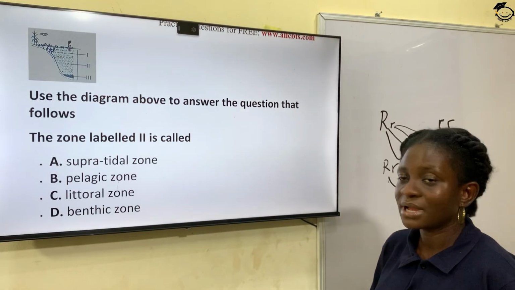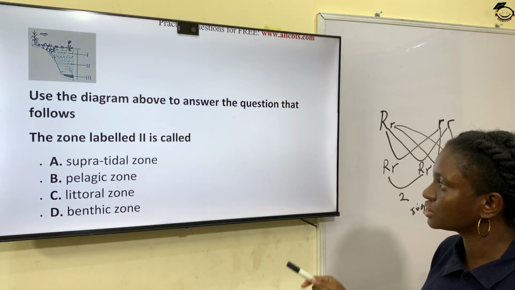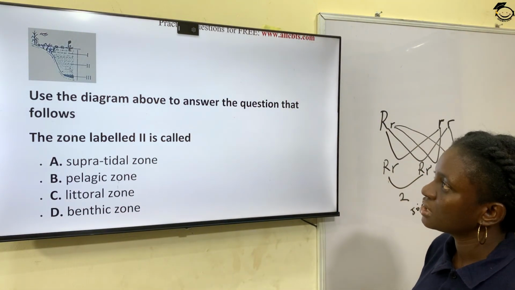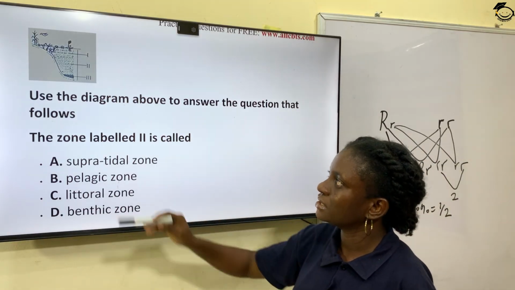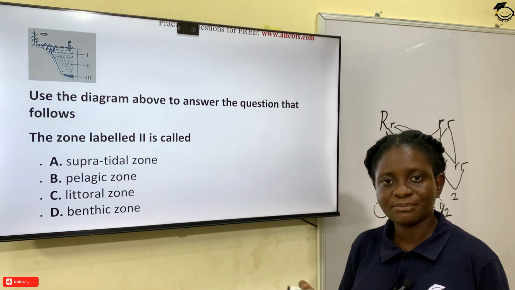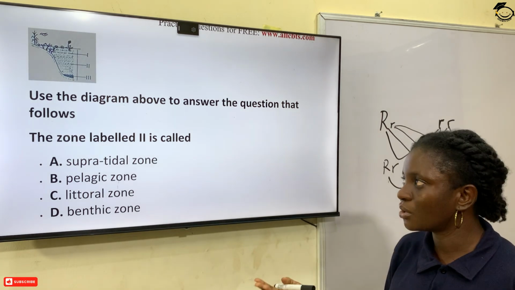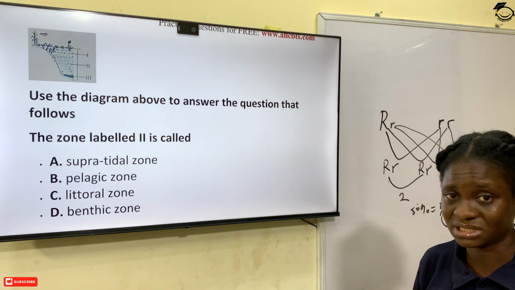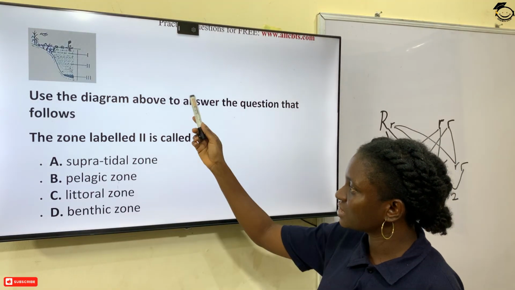Use the diagram above to answer the question that follows. Look at this diagram. It's a pond, like plants growing on ponds or rivers, let me just say water bodies. So we have different zones.